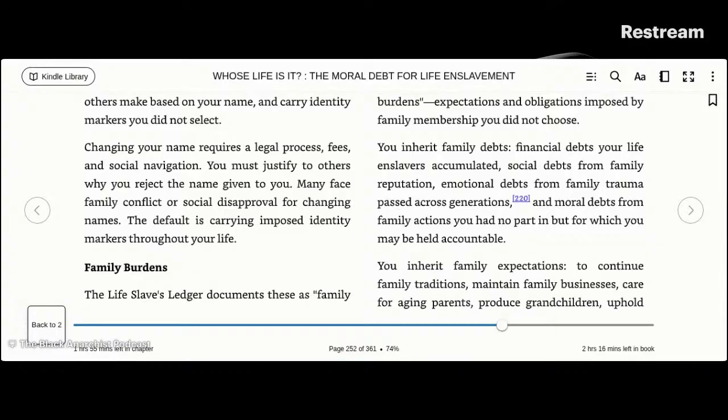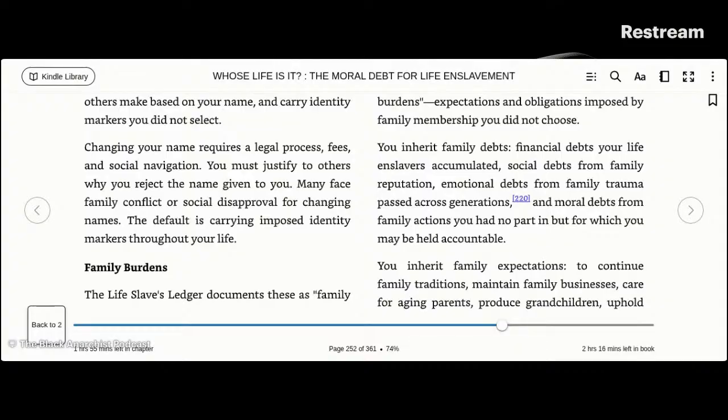Family burdens. The Life Slaves Ledger documents these as family burdens, expectations and obligations imposed by family membership you did not choose. You inherit family debts, financial debts your life enslavers accumulated, social debts from family reputation, emotional debts from family trauma passed across generations, and moral debts from family actions you had no part in, but for which you may be held accountable.